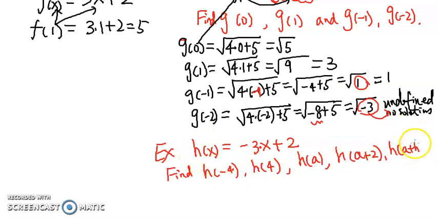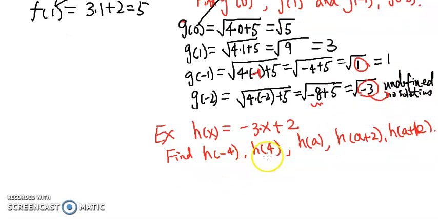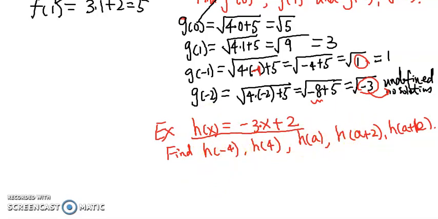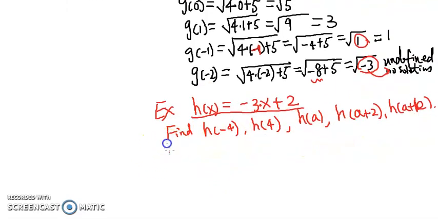Maybe I should use a different letter: h of a plus k. Okay, so there are 5 different questions we have to do, given one function. This x can be any number or letter. That's why we have these different questions. So let's start with the first one. Let me write down the function one more time. h of x equals -3x plus 2.